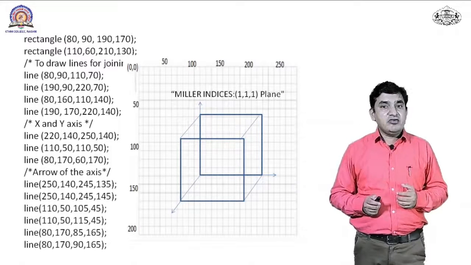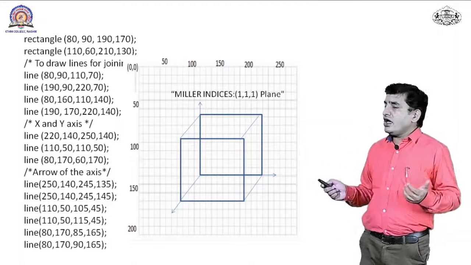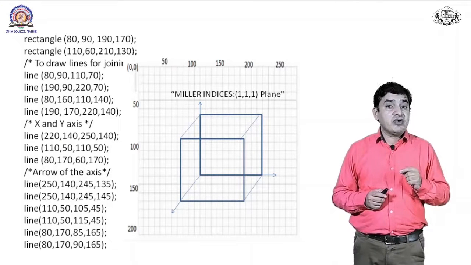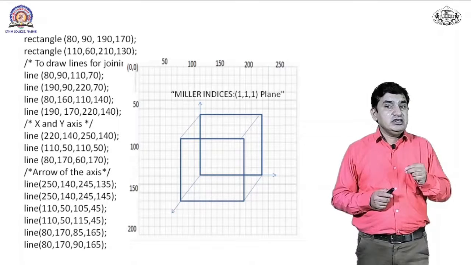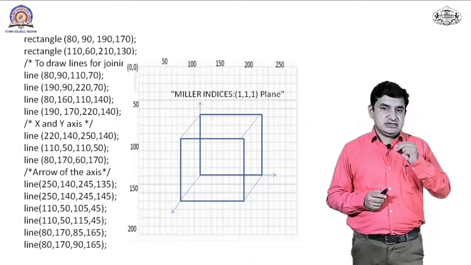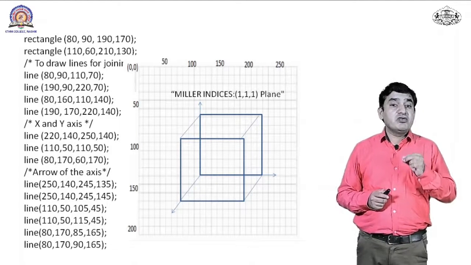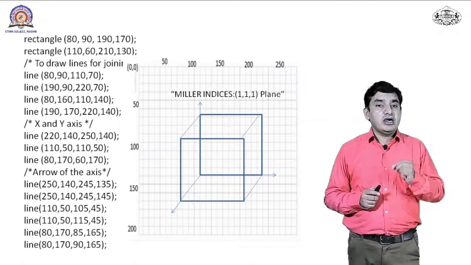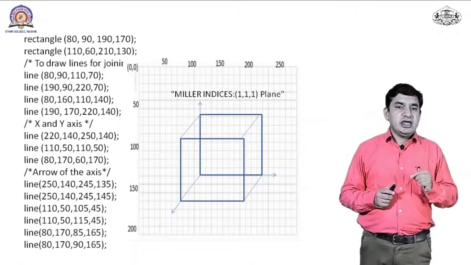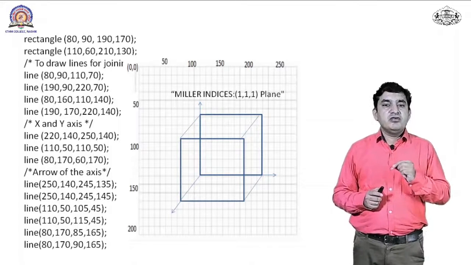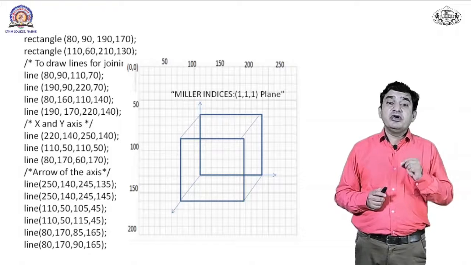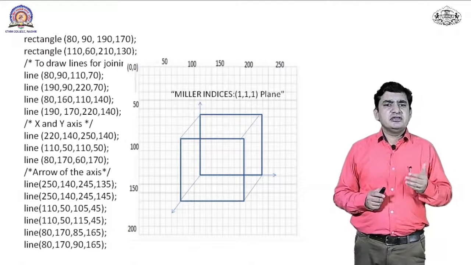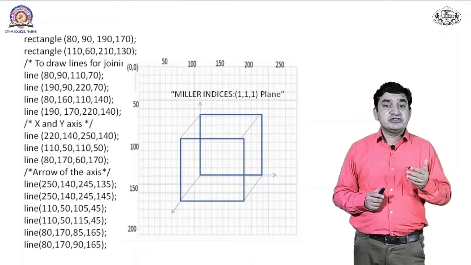Okay. Now, we have to draw an arrow on each axis, and for each axis we require two lines to draw the arrow. So, first line is line 250, 140, 245, 135, then second line, third line, fourth line, sixth line.